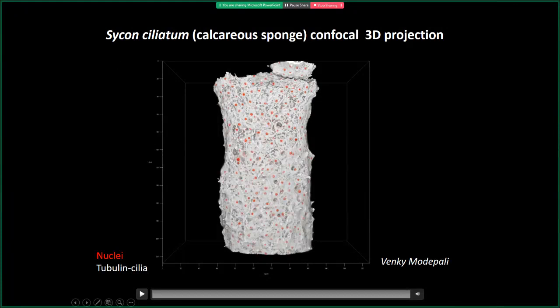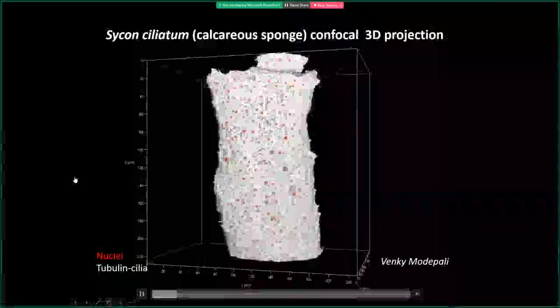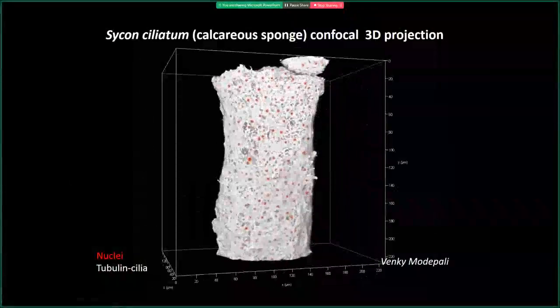So Venke took confocal sections all the way through this specimen from top to bottom, and then the software on the microscope reconstructed a three-dimensional image of the whole organism. So I'm just going to run that video now. This just illustrates some of the imaging power of this system.